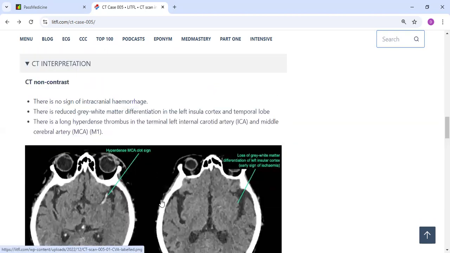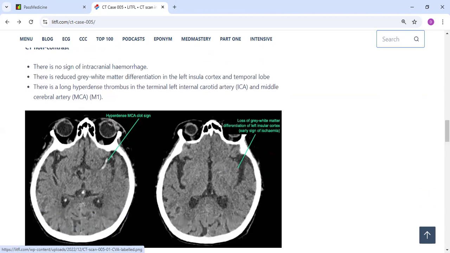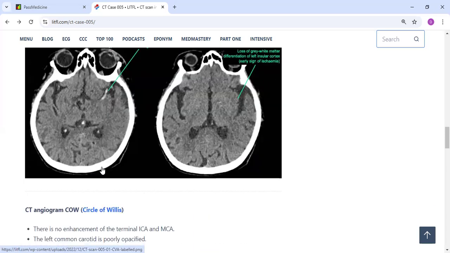On the non-contrast, there is no sign of intracranial hemorrhage. There is reduced gray-white differentiation in the left insular cortex and temporal lobe as well. However, there's a long hyperdense thrombus which you can see in the terminal left internal carotid artery and the middle cerebral artery in the M1 territory.